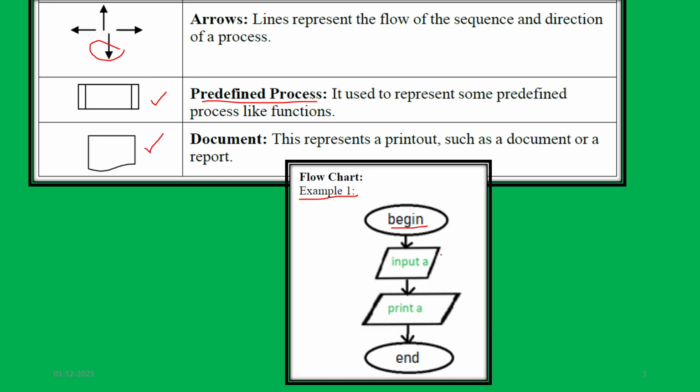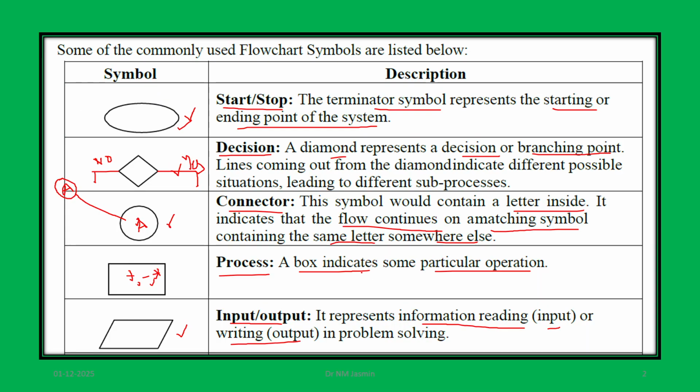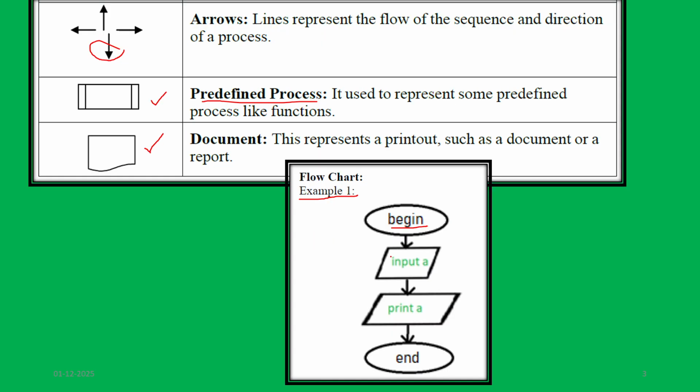Next, the symbol I have used is called input. I want to read input, so you have to use the rhombus symbol. I am reading input, and that is the reason I have used the rhombus symbol to input a variable. Again, to show the sequence and the direction of the process, I have taken the down arrow.